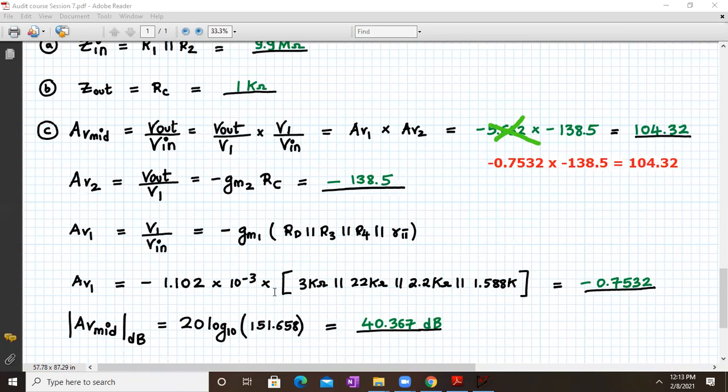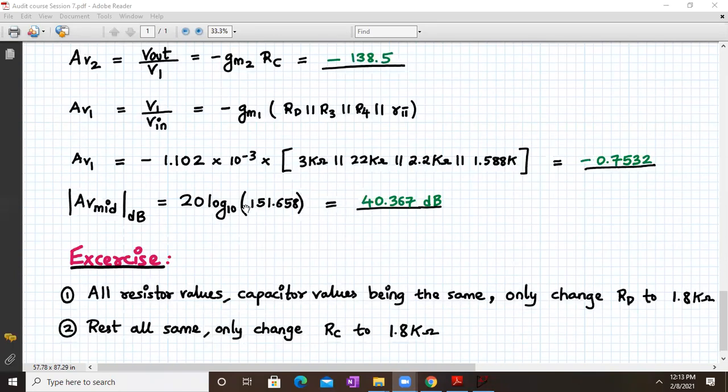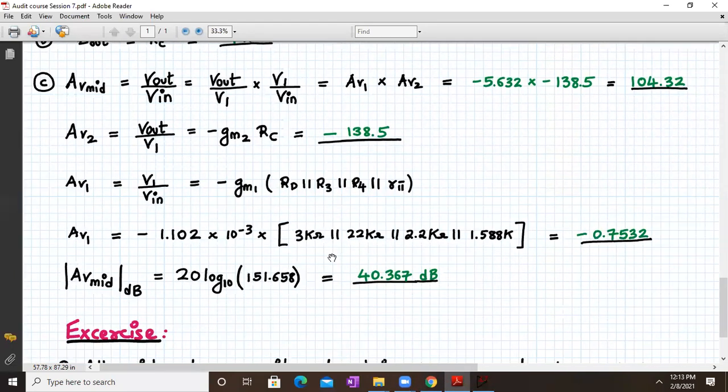And I think here also there is some mistake. Okay, let me just show it to you. Okay, so this is 20 log of 104.32, not this. Let me change this also. So this is also not correct. I guess I have made a slight mistake over here. So here this is 20 log of 104.32.